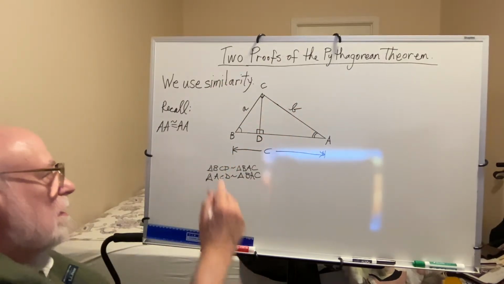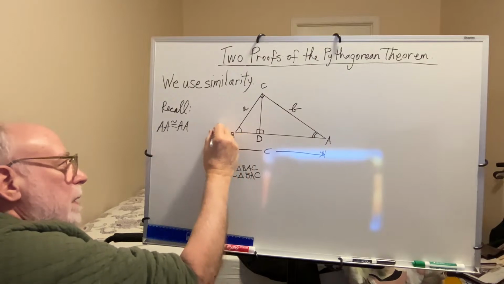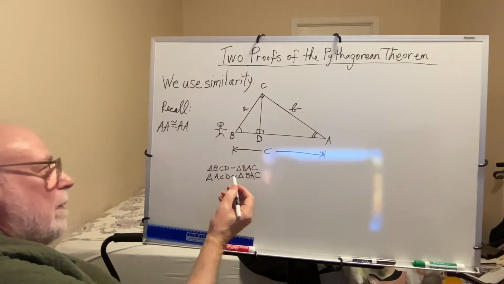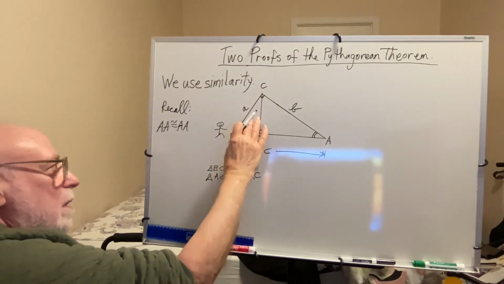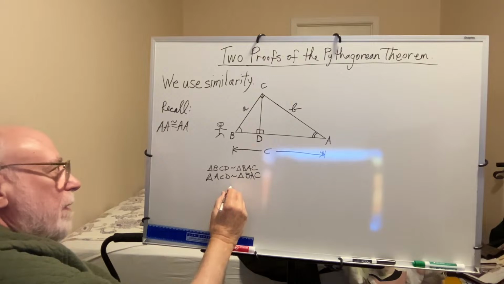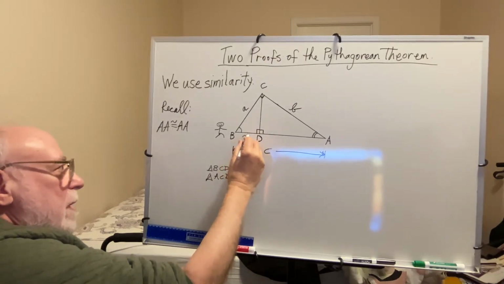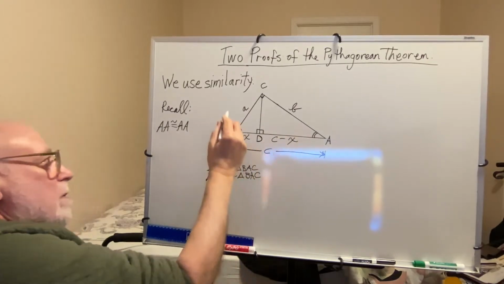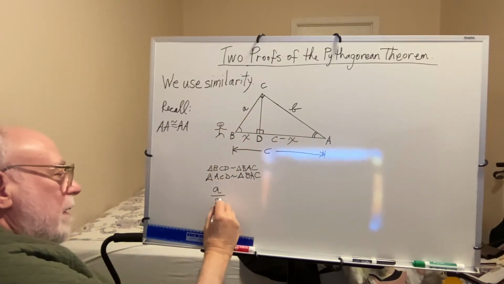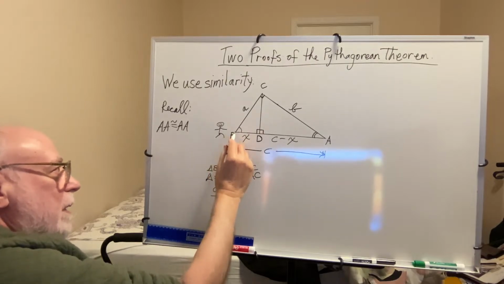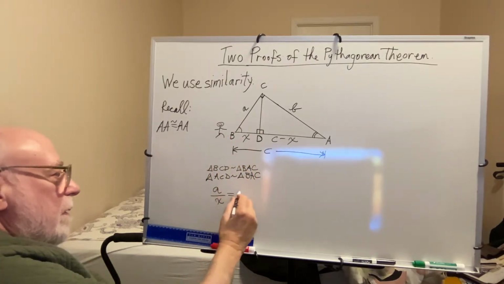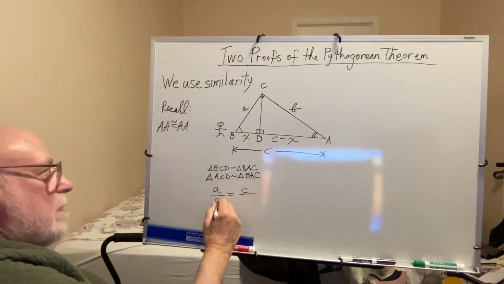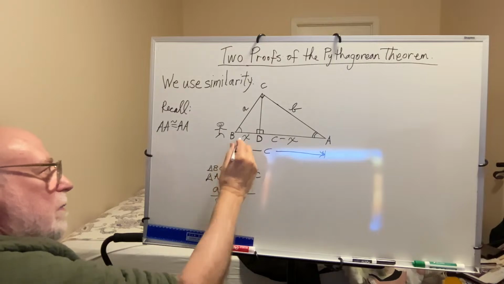Now we stand at vertex B. You have a little man who's going to stand at vertex B, and we look at the triangle on the left. We're going to call this X, and this is going to be C minus X. So hypotenuse to leg where the vertex is B, and in the big triangle, hypotenuse to leg.